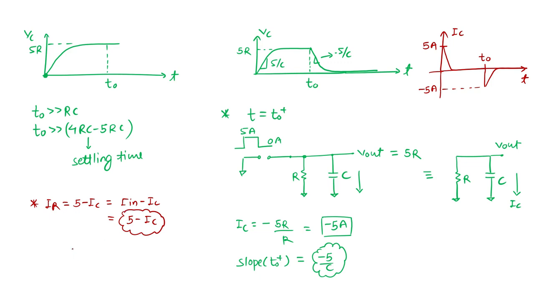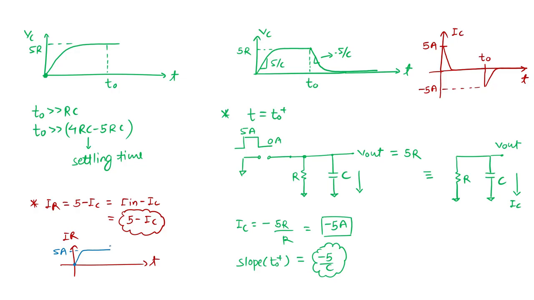Or we can directly see it from our analysis viewpoint also. Initially my resistor current is 0, and as my capacitor is completely charged, it will reach the maximum value, which is nothing but 5 ampere, meaning the complete input current is flowing across this resistor.